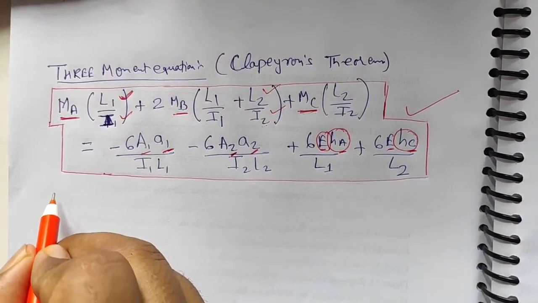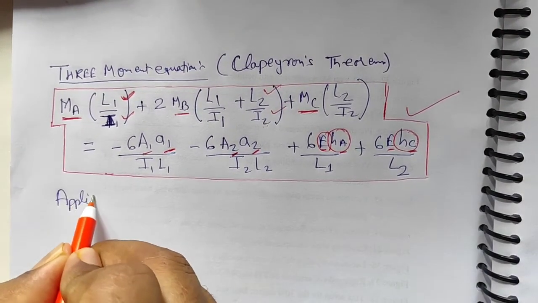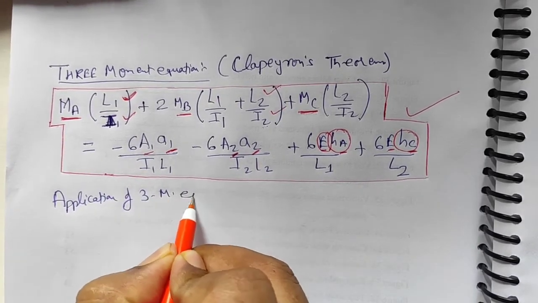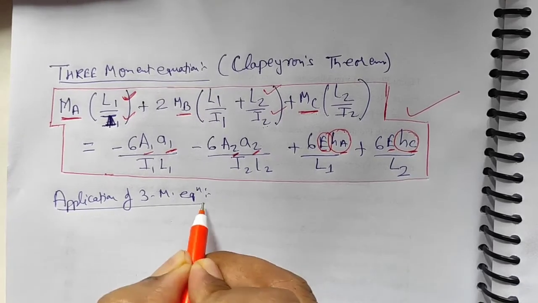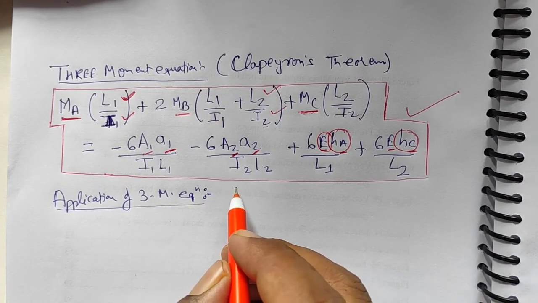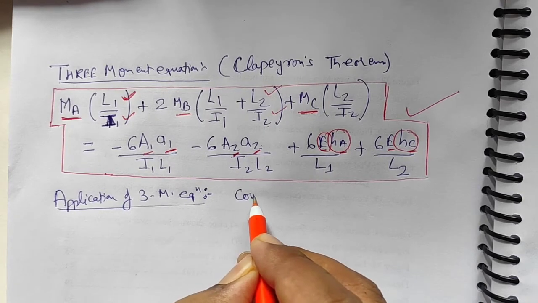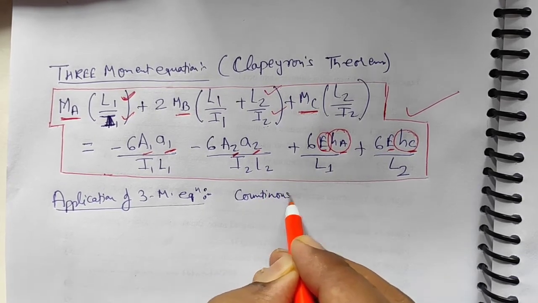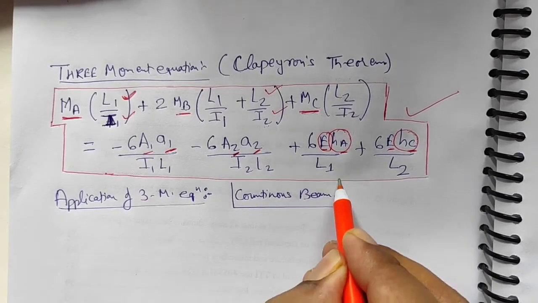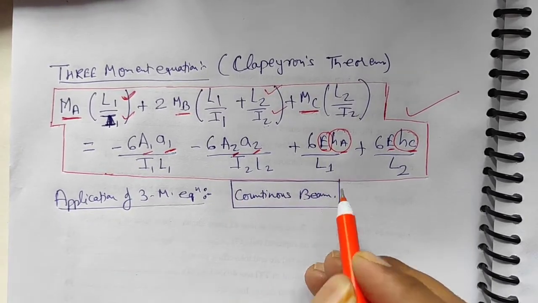Now talking about the application of three moment equation. We know that the three moment equation is basically applied for continuous beams, meaning it is applicable for a continuous beam.